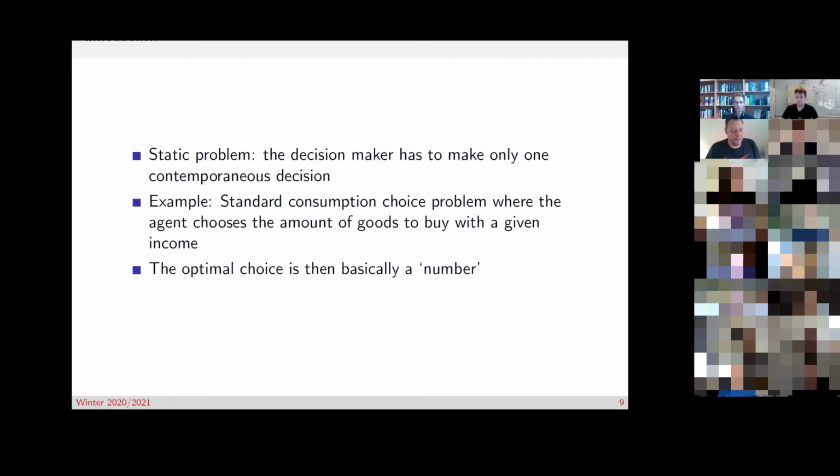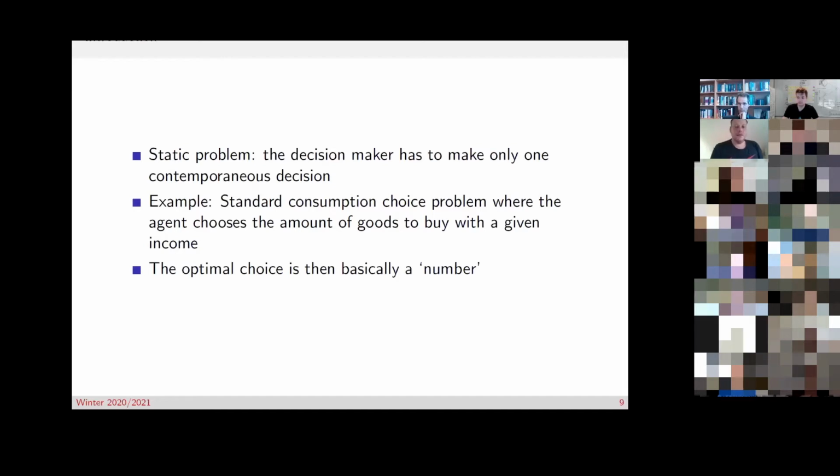And the decision maker only makes one contemporaneous decision, so one decision now, basically without considering any time dimension. Making this contemporaneous decision would yield directly into a contemporaneous reward, into a direct reward.